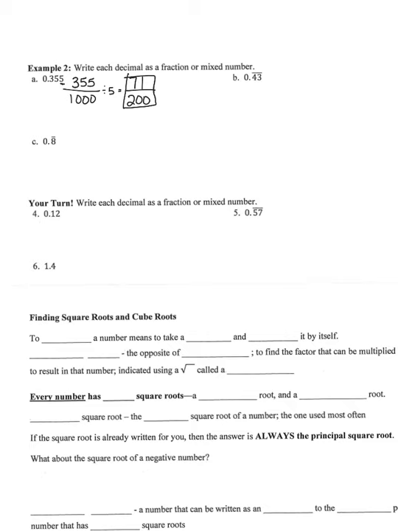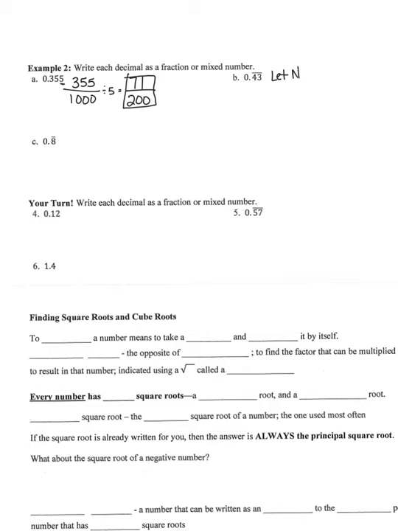All right, and then for B, we have 0.43 repeating. So we have 43 hundredths that's repeating. So just like before when I showed you that algebraic way by writing an equation to turn this into a fraction, we can do that here. So again, I'm going to start, and I'm going to just use n because that's representing the number.